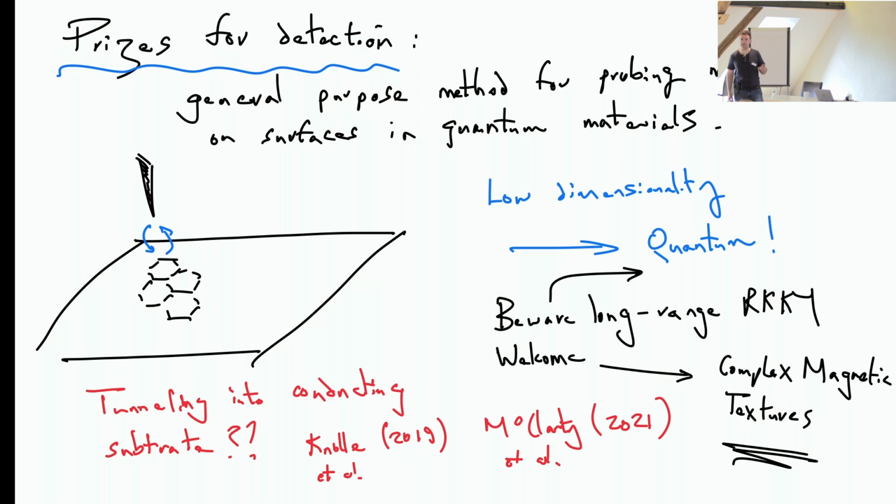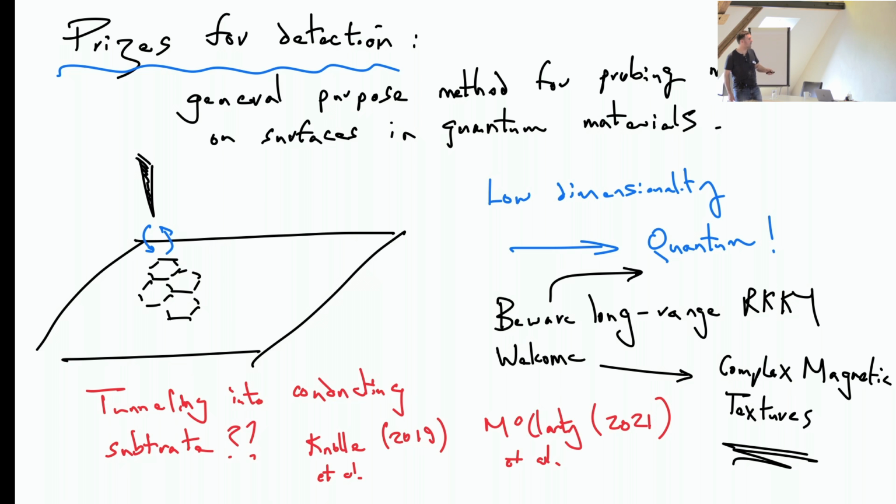There are nice prospects for getting into strongly correlated regimes. Alternatively, you can get complex magnetic textures because of the long-range couplings induced by, say, the conducting substrate. So I would say the rewards would be very high if anybody could do a measurement of these topological surface states. So I'd say it's a nice direction to go into for this kind of larger goal.